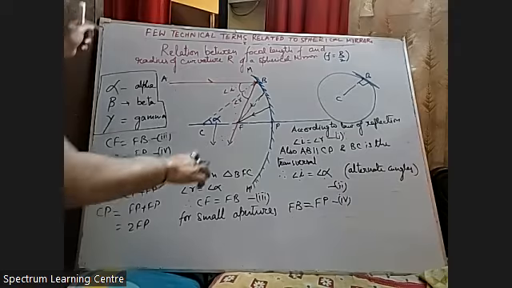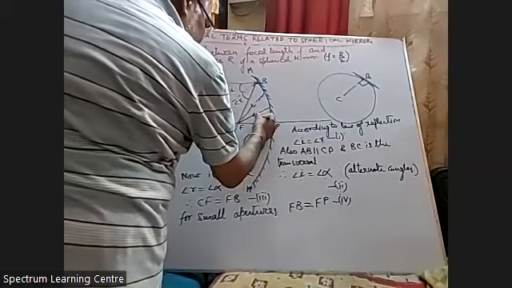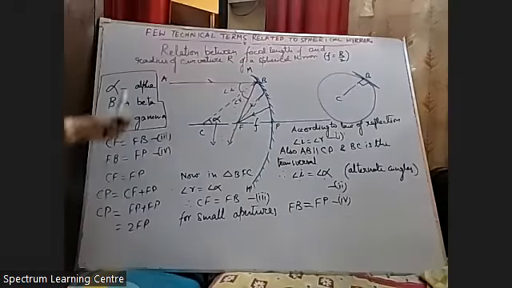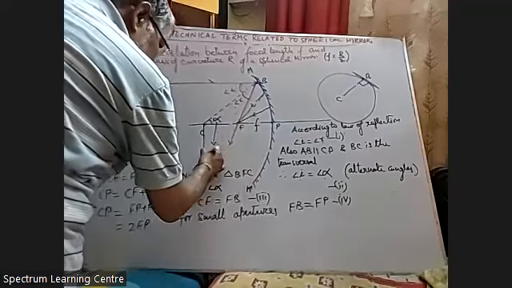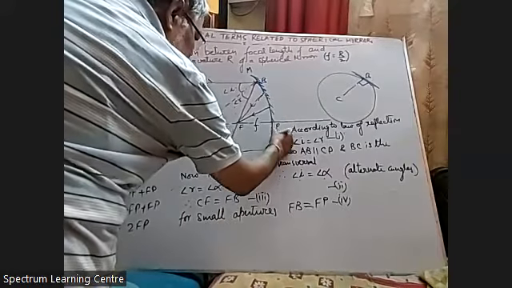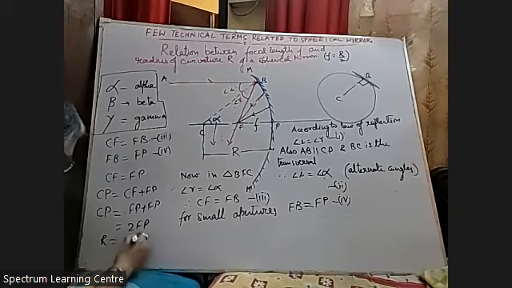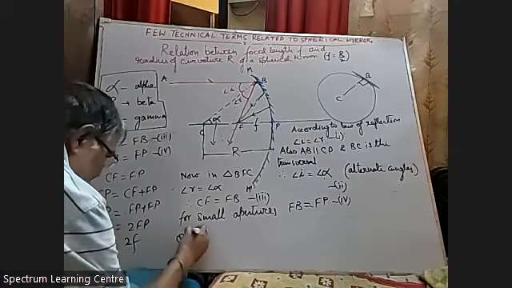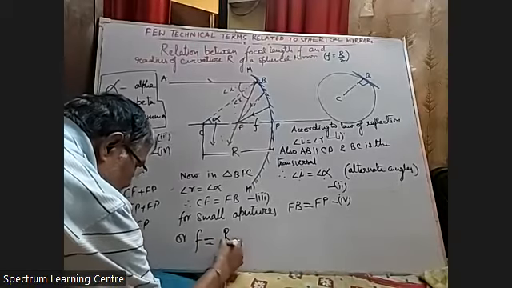Clear? Now what is FP? It is F, or not? And what is CP? It is R. So I can write R is equal to 2F, or F is equal to R by 2.